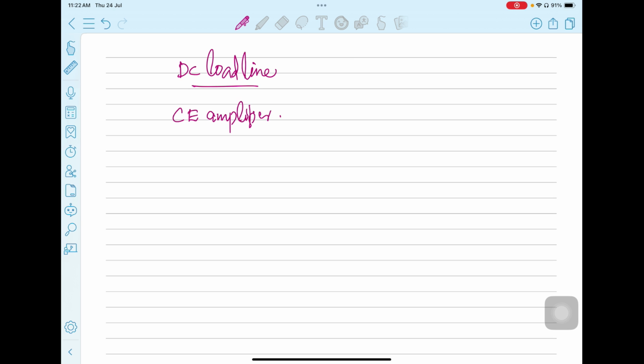Okay. I'm going to draw a common emitter amplifier now. It's a basic common emitter amplifier.